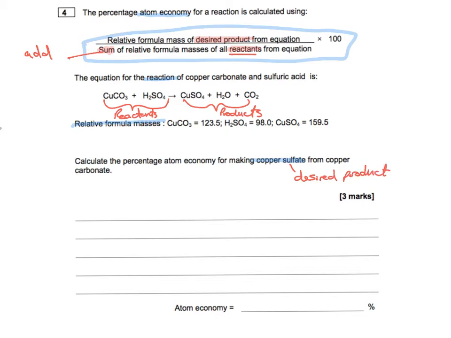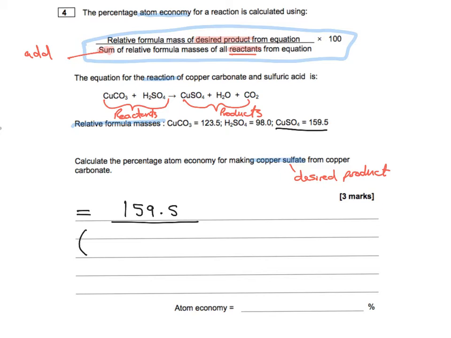So let's try and answer the question. Using the equation, I've got the relative formula mass of the desired product. My desired product's copper sulfate, and that's 159.5, divided by the sum of the relative formula masses of the reactants.